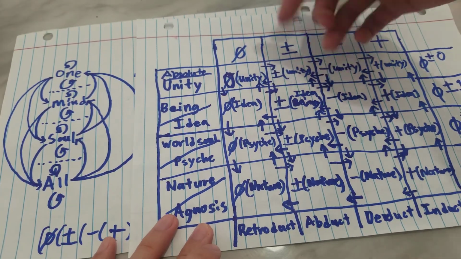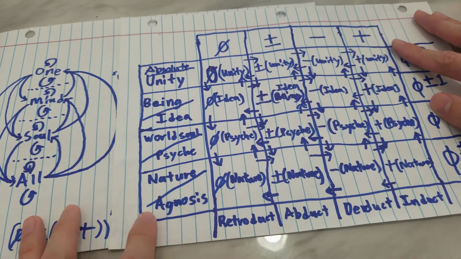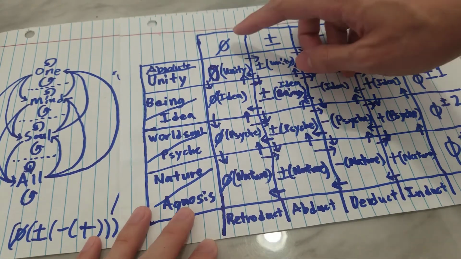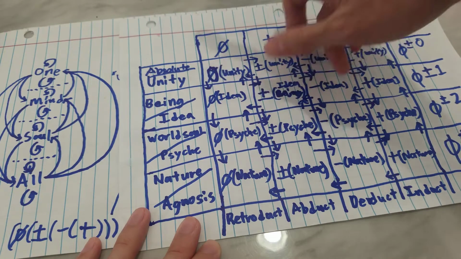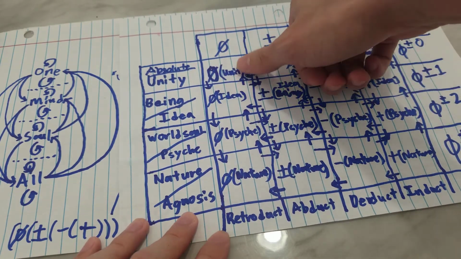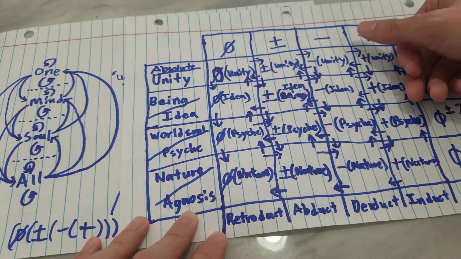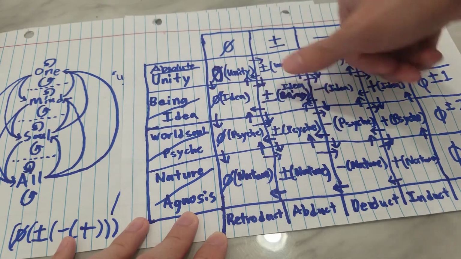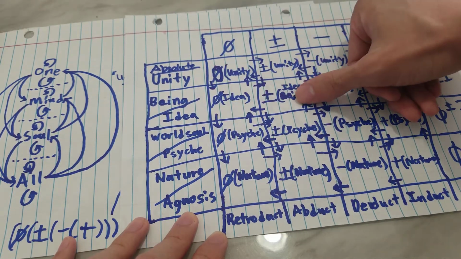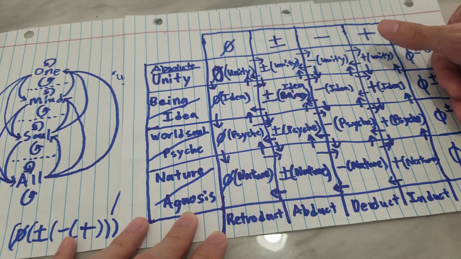What I've more or less realized by myself is that the unity is closer to the retroductive mode, and being an idea or the mind is abductive.